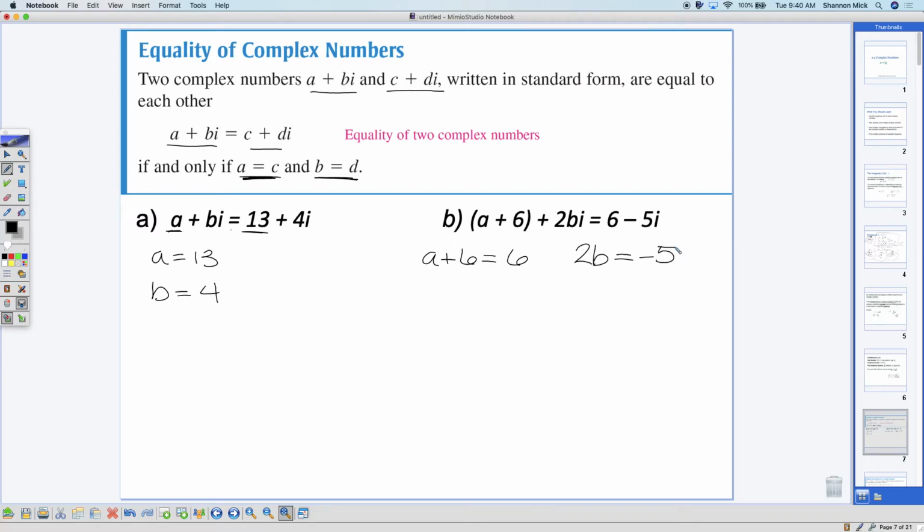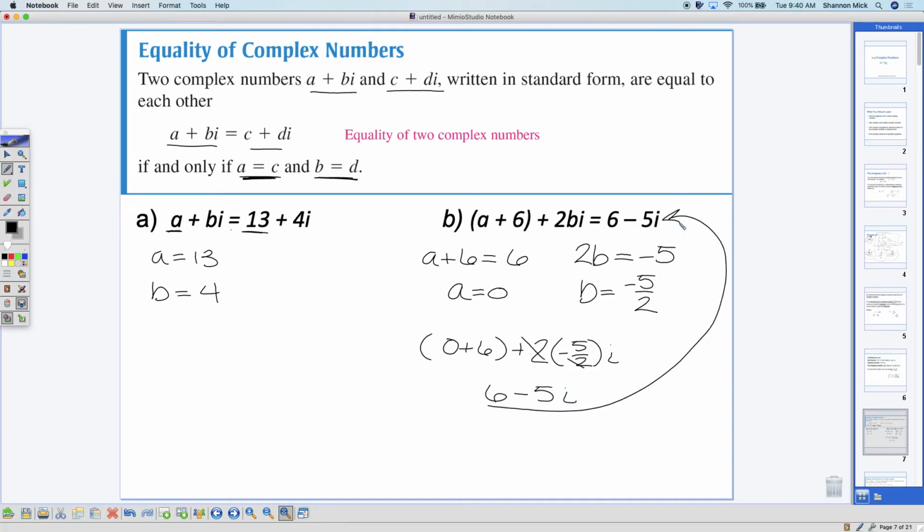So a is 0 and b is -5/2. And if I plug them back in, I'd have 0 plus 6 plus 2 times -5/2 i. 0 plus 6 is 6, the 2 is reduced, and I get -5i. Is that what it should have been? Yes. So that is all it is.